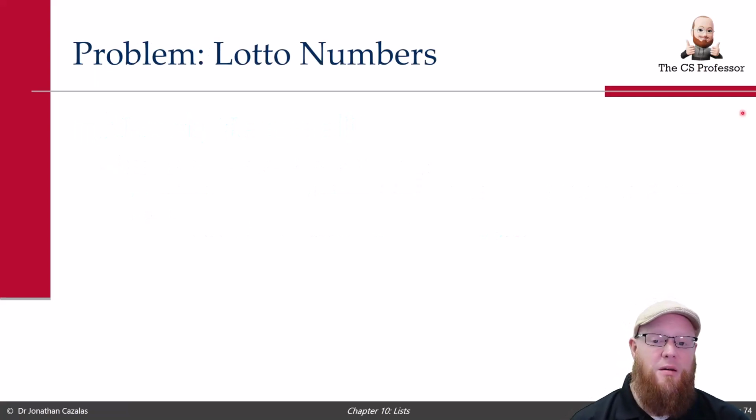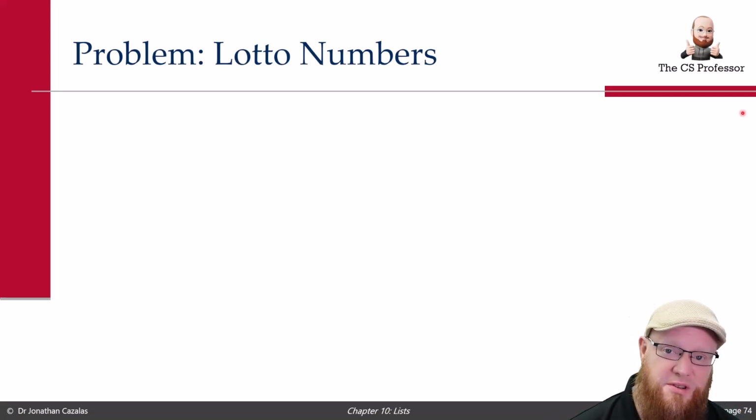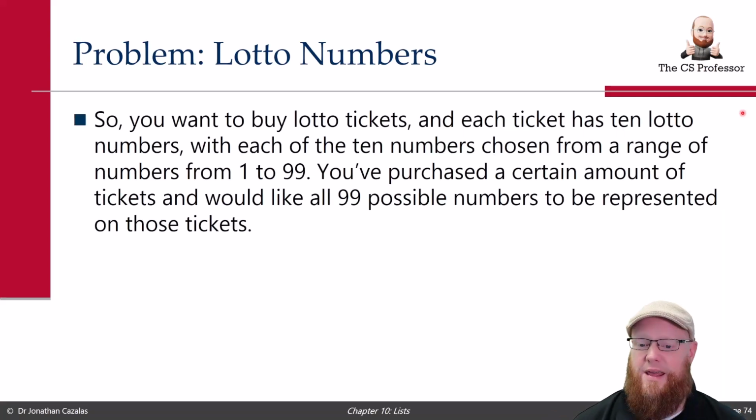The last problem of lists and the last problem of this entire video series in OOP, let's get right at it. You want to buy lotto tickets, and each ticket has 10 lotto numbers, where these numbers are not of your choosing. Instead, the system's going to generate these numbers for you, and they're generated from the integers 1 through 99.